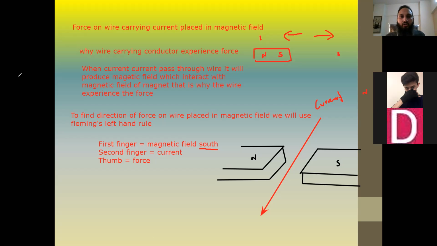So what is the direction of the force for this wire? So the direction of the force on this wire will be upward. Is it clear? You can also apply the rule and check whether it matches with your left hand. It should, because it is always with the left hand. Left hand rule to find, here we are finding a force on the wire which is placed in a magnetic field.